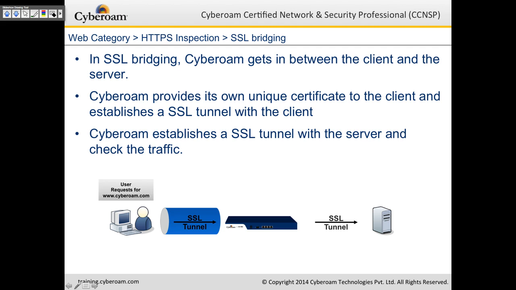In SSL bridging, Cyberoam gets in between the client and the server, and Cyberoam provides its own unique certificate to the client and establishes an SSL tunnel with the client.